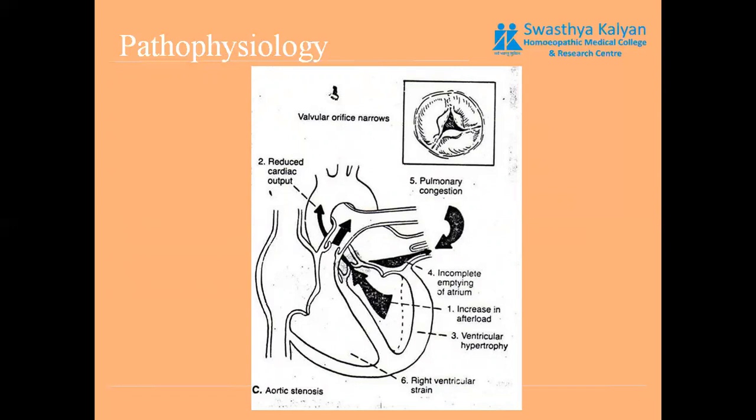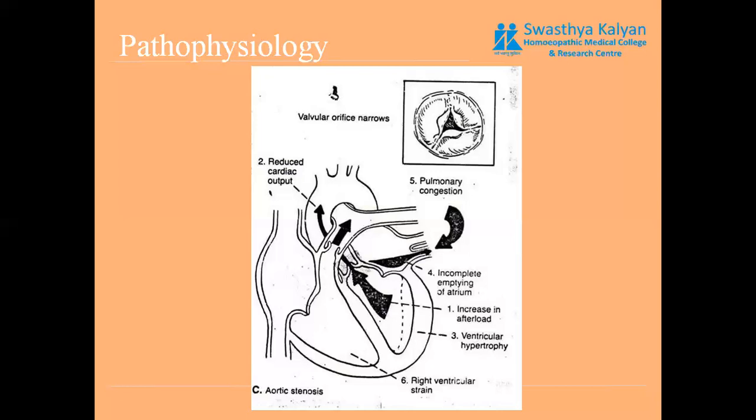In order to compensate for the reduced cardiac output, there would be left ventricular hypertrophy. This left ventricular hypertrophy will eventually lead to incomplete emptying of the atrium. Why?